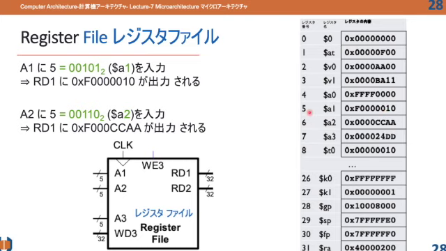Again, the register number is 5 in 5 bits, so the input A1 is 5, and RD1 gives the value of that register. Similarly, for A2 it should be 6 here.